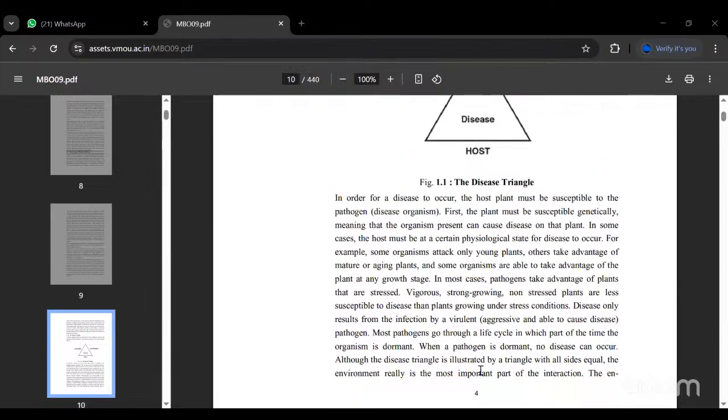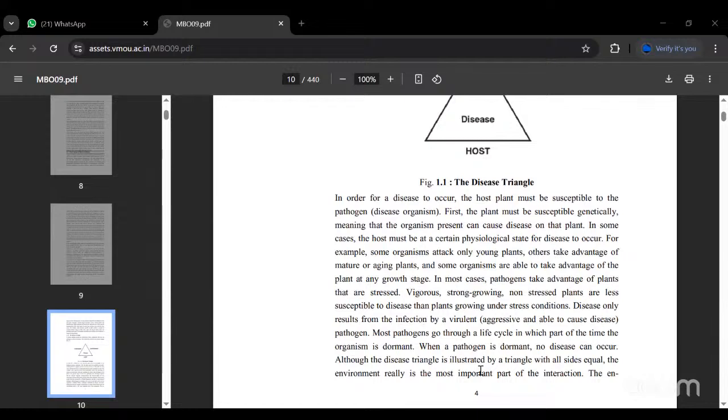In order for a disease to occur, the host plant must be susceptible to the pathogen, that is the disease organism. First, the plant must be susceptible genetically, meaning that the organism present can cause disease on the plant.